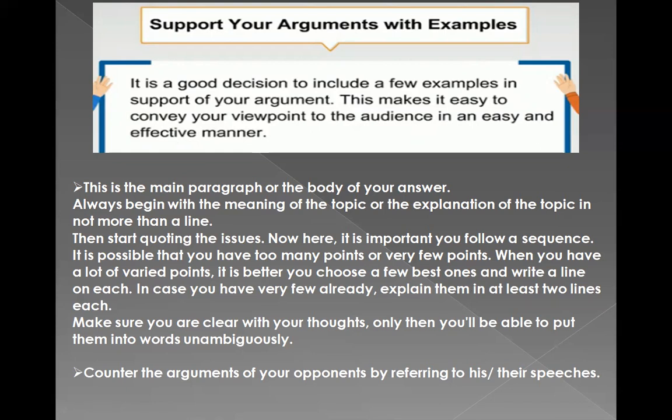But you should have this clarity in mind that whatever you are going to write, it should be able to actually attract the audience and be unambiguous. That means the audience should get a clear idea of what you are going to speak there, right? It should not confuse the audience. So whatever examples that you give, whatever justification points you speak, all should relate to your topic. It should be relevant enough.